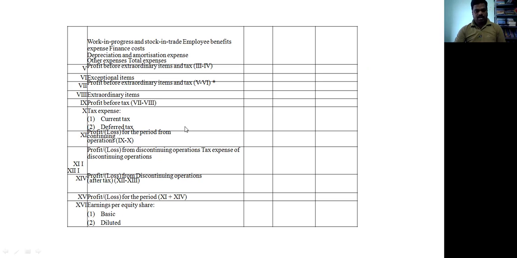After that, while understanding profit and loss for the period, if any discontinuing operations, current taxes, or deferred taxes are there, they have to be deducted out of profit before tax. After that, profit and loss for the period will come.